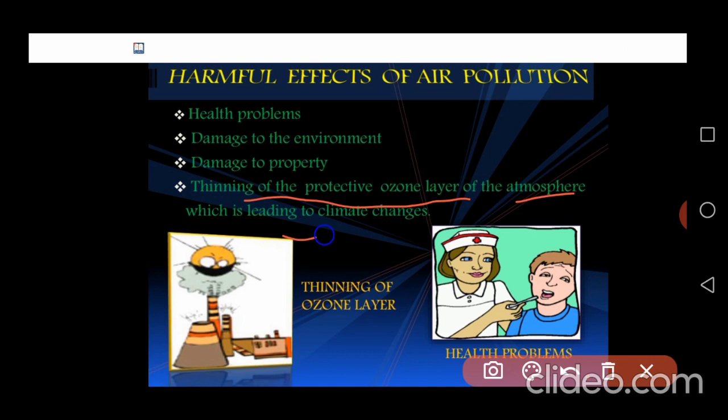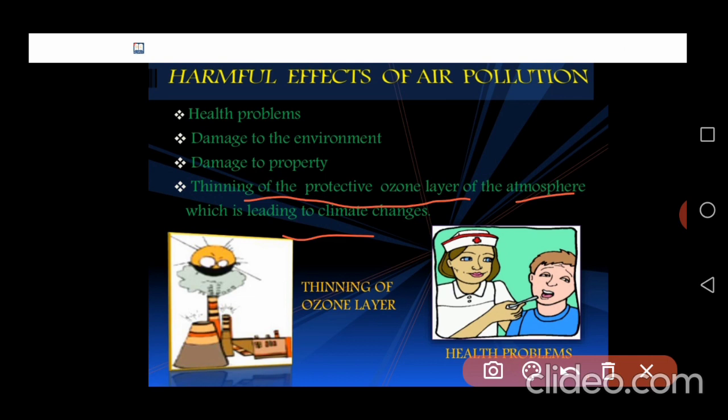Ozone is a layer made up of O3, that is triatomic molecules. The ozone layer is present in the stratosphere. Where is the ozone layer present? It is present in the stratosphere, about 15 to 60 kilometers from the Earth's surface.